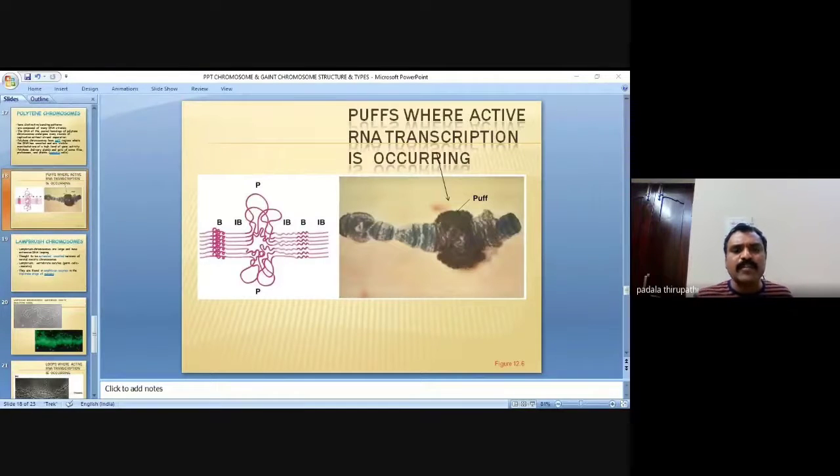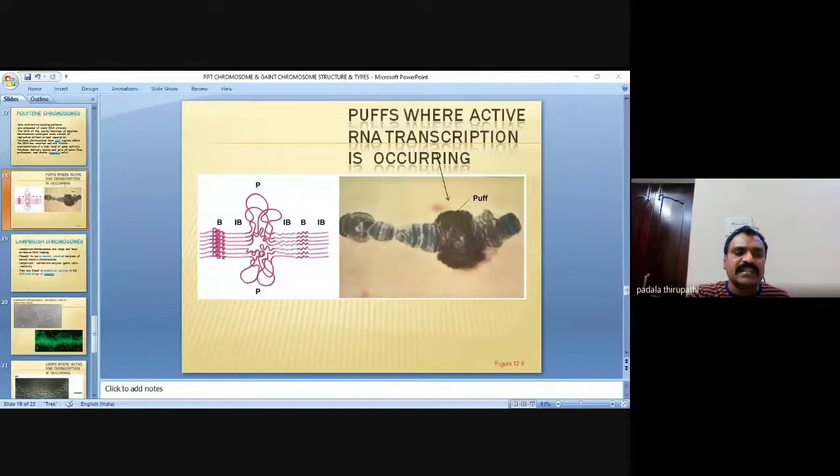This polytene chromosome clearly shows IB and B. I hope you follow my class, my dear friends. IB means interbands, B means bands. In the band region, the DNA is coiled with many folds and coils, whereas in the interband region we observe uncoiled DNA.